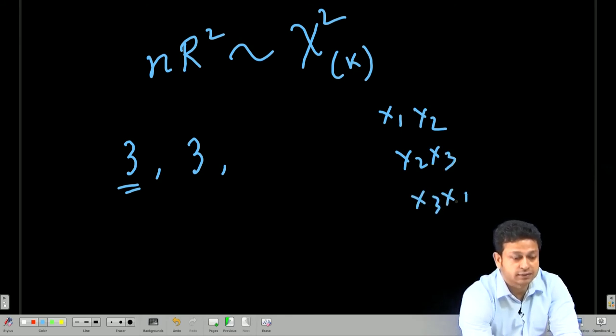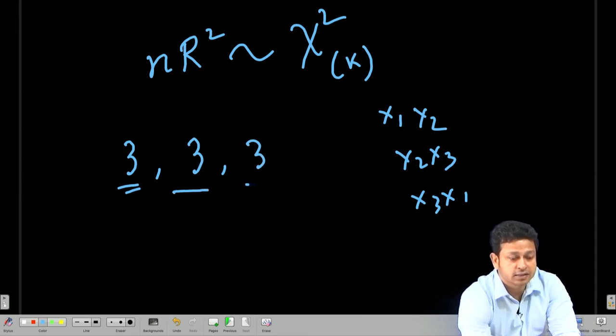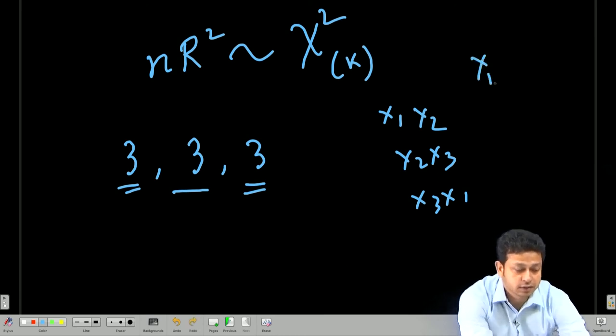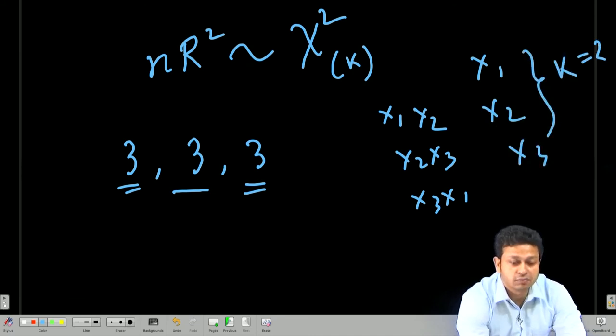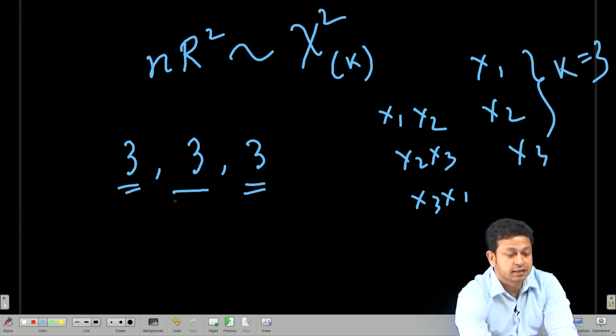So another 3 variables. Initially, with x1, x2, x3, my k was equal to 3. But now my k is equal to 9, because I am taking x1, x2, x3, their squares and their cross product terms. So k is equal to 9.